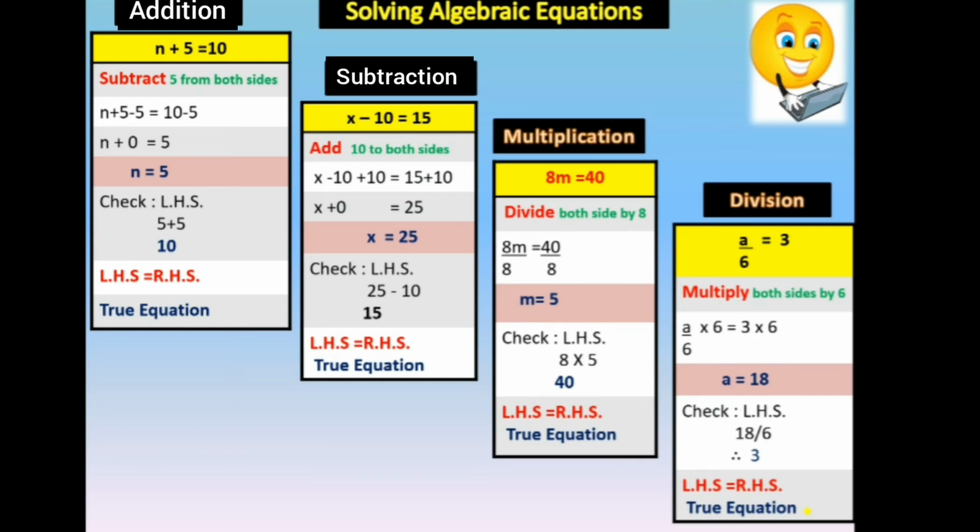Always observe what is there with the variable when you solve the equation. Observe that operation, take the inverse of that operation and solve. Always keep in mind, after finding the value of the variable, we have to check whether the answer is correct or not.